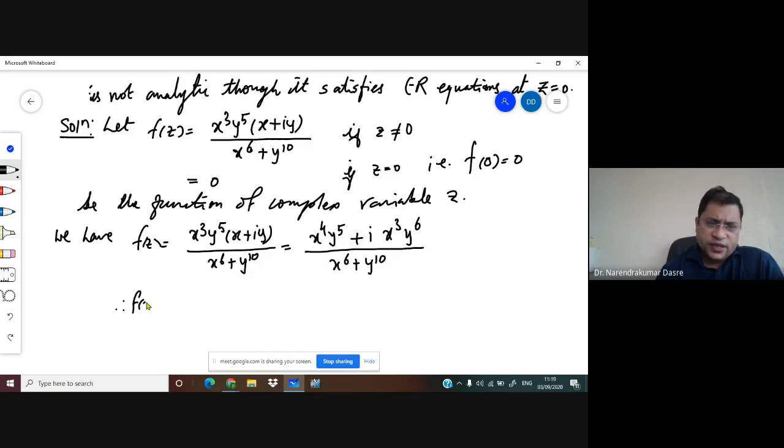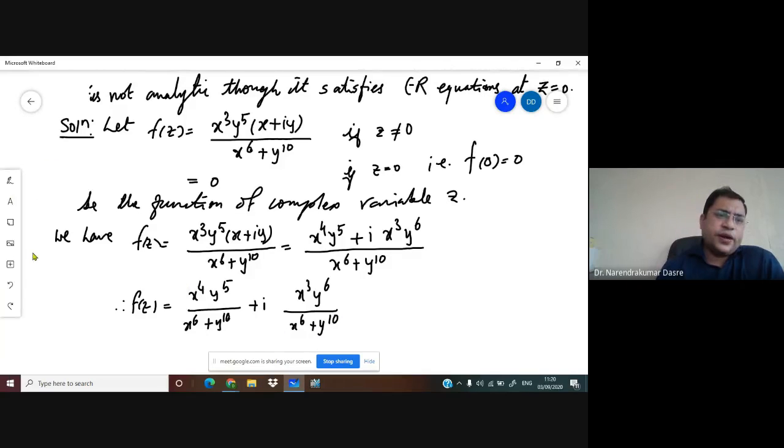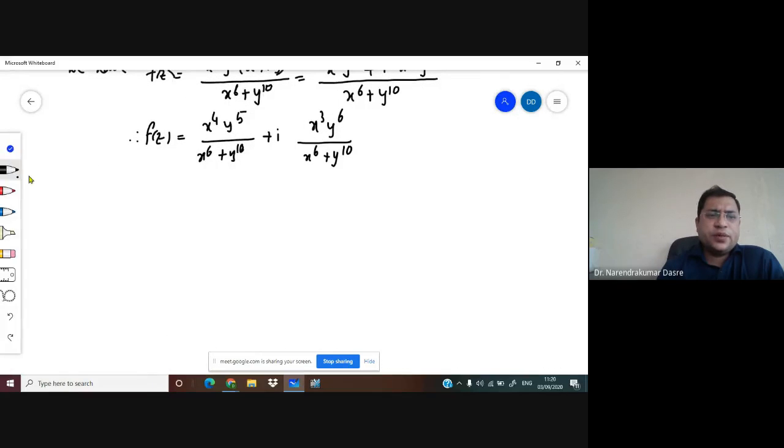So I can write f of z as x raised to 4 y raised to 5 upon (x raised to 6 plus y raised to 10) plus i times x cube y raised to 6 upon (x raised to 6 plus y raised to 10). This way we are able to separate the real and imaginary parts.